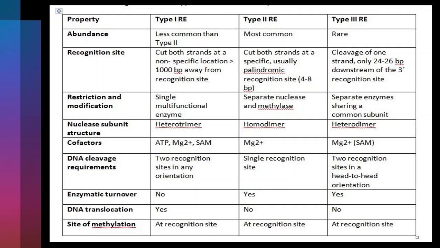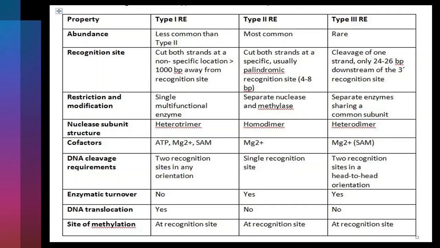Restriction and modification is by a single multifunctional enzyme, the nuclease subunit structure is heterotrimer, and cofactors are ATP, Mg2+, SAM. DNA cleavage requires two recognition sites in any orientation, and these do not have enzymatic turnover, and these have DNA translocation. Site of methylation is at the recognition site.